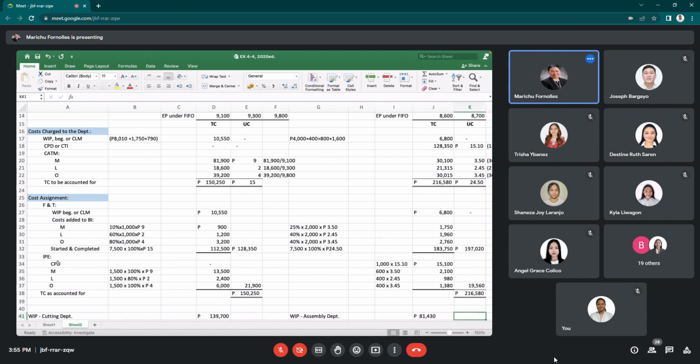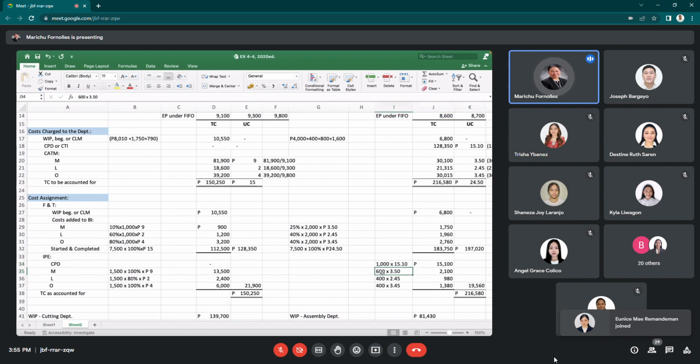So the IPE for the subsequent department will start with the calculation of CPD. So there are 1,000 units still in process at the end of the month in assembly. Multiply it outright by the unit cost from PD 15.1 equals 15,100 pesos.